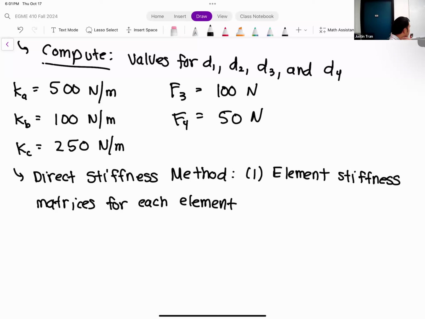So we have three elements here. We have three springs, and so we're going to write out the element stiffness matrix for all three of those springs. Step two in the process is we're going to assemble all of the elements into a single stiffness system.